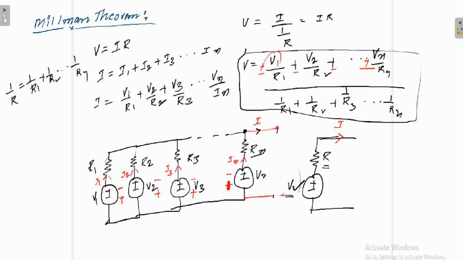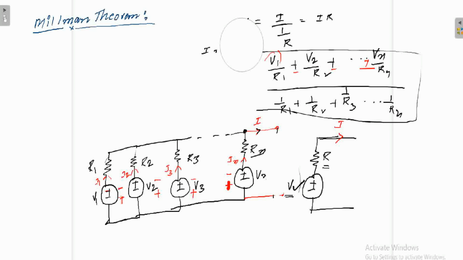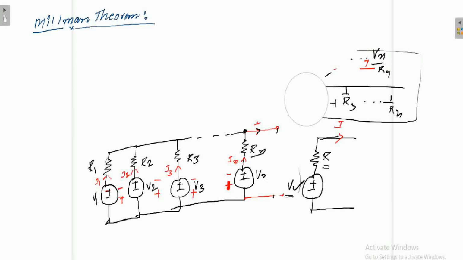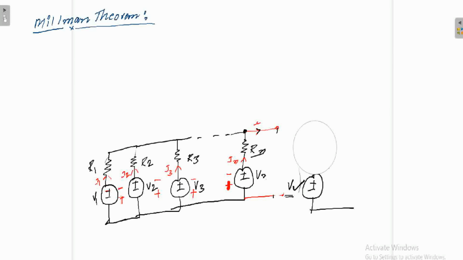So let us conclude this Millman's theorem. This is the derivation of how to find your V value and I value. After seeing the problem, there is no need to do all these things.